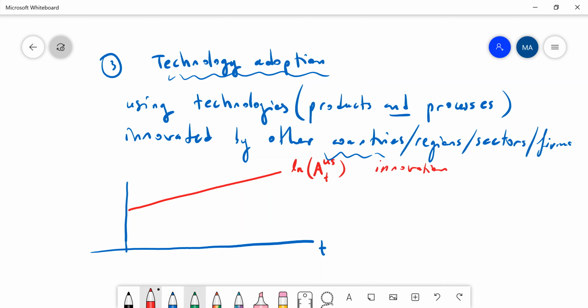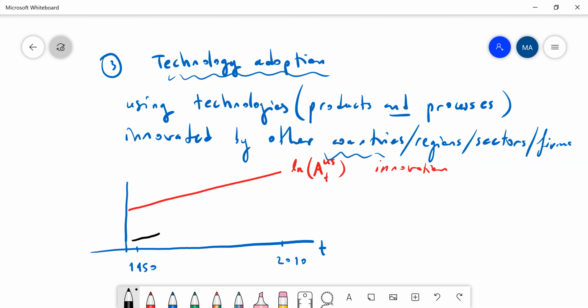Now imagine that the other country is Korea, and suppose that this is perhaps 1950s, and suppose that this is 2010. Now in the 1950s, South Korea is definitely a lower productivity country relative to the US.